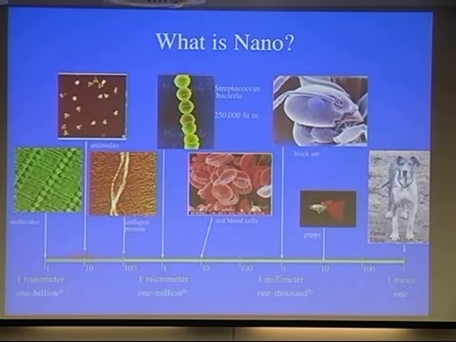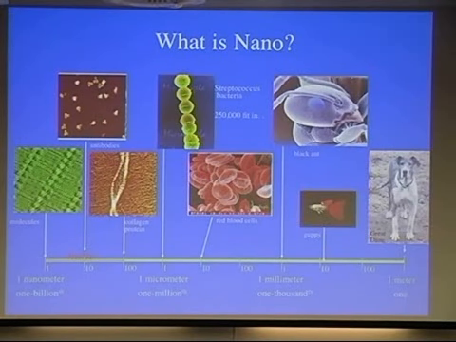So this scale, 100 nanometers to 1 nanometer, defines nano. Nanotechnology has to do with things made on this length scale. What's fantastic about it is that the properties of materials change. Below this size, materials don't have the same properties they do on the larger scale.